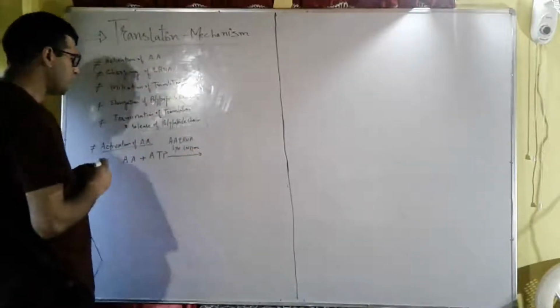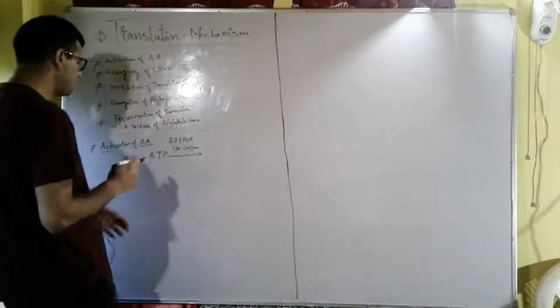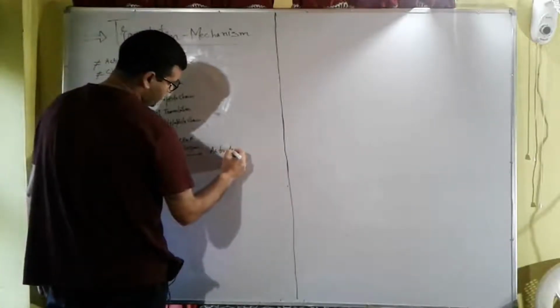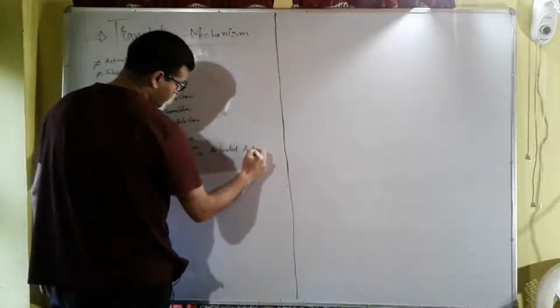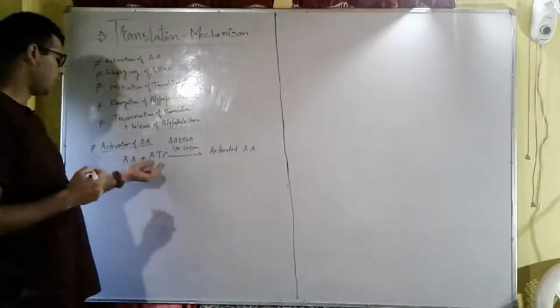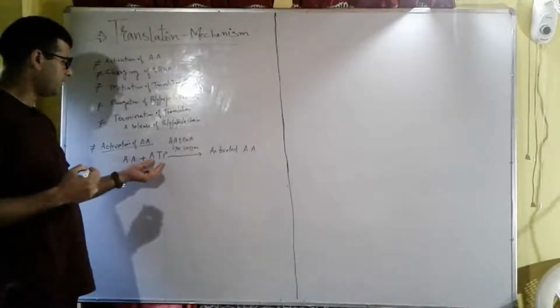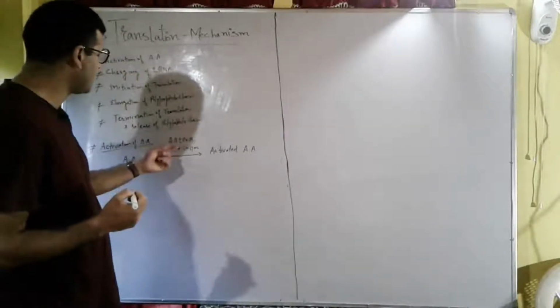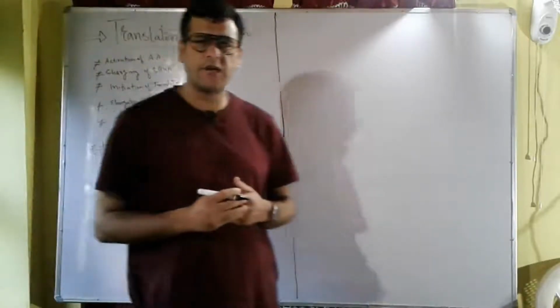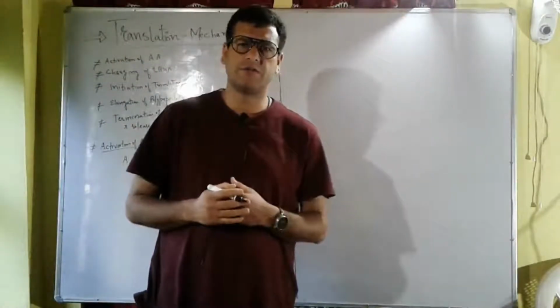This is amino acyl tRNA synthetase enzyme, and we get activated amino acids. This is the first step, activation of amino acids. Amino acids react with ATP, adenosine triphosphate, and this reaction takes place in the presence of amino acyl tRNA synthetase enzyme, and we get activated amino acids.